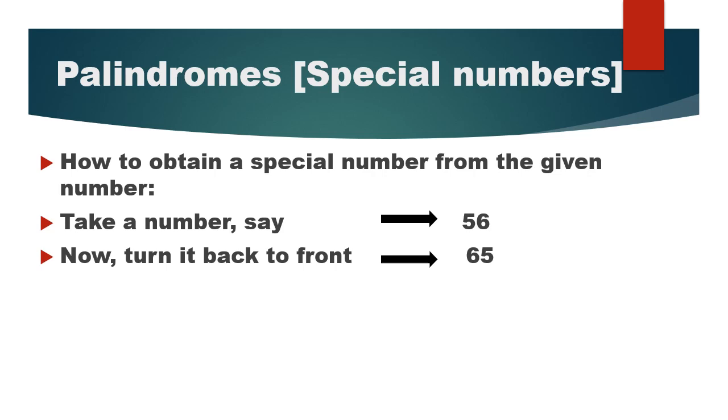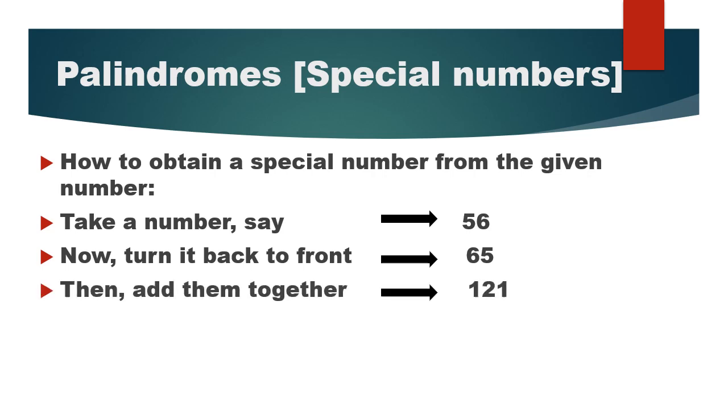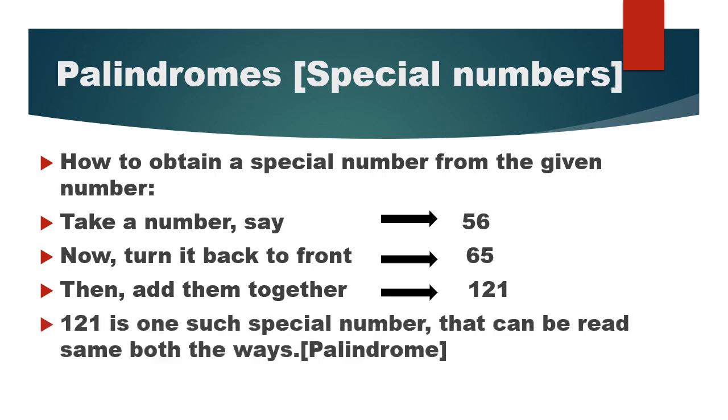So 56 will become 65. Then add them together. When we add 56 and 65, we will get 121. So 121 is one such special number that can be read the same both ways. So we get the palindrome, that is the special number of the given number.